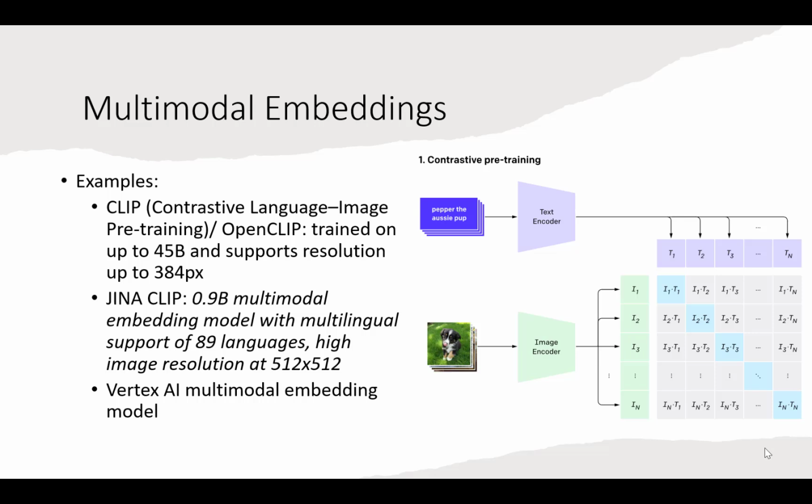But you need to know about those models, because I'm sure newer models will be built on top of those existing ones. So Jina CLIP is a 0.9 billion multimodal embedding model with multilingual support of 89 languages. So something that CLIP doesn't have is multilingual support, and also they support high image resolution.